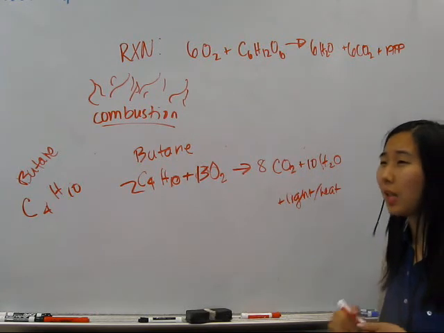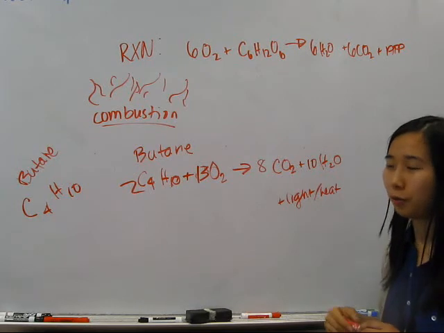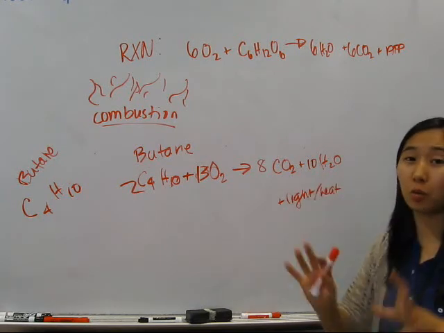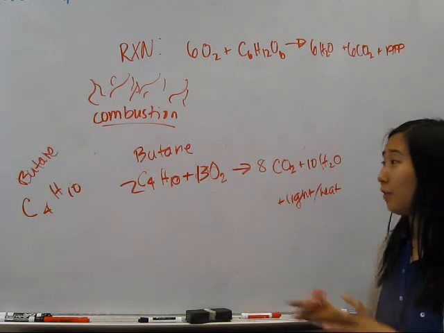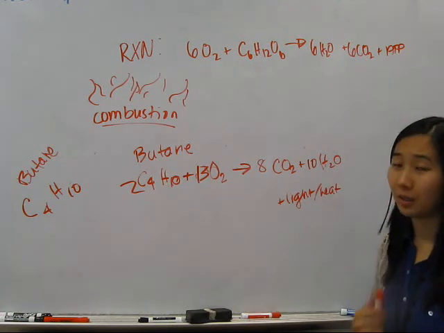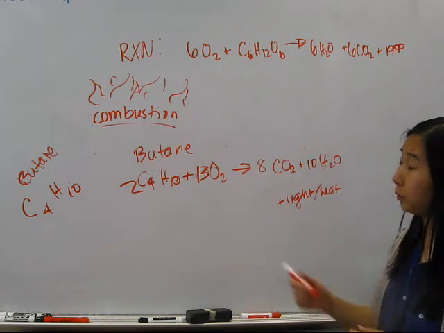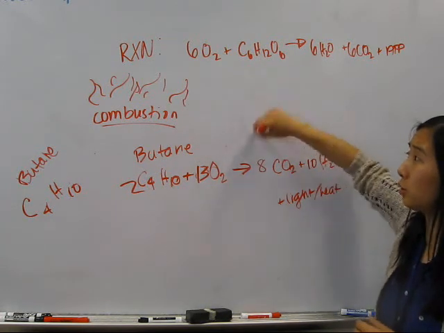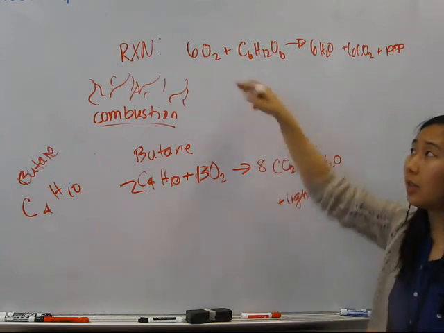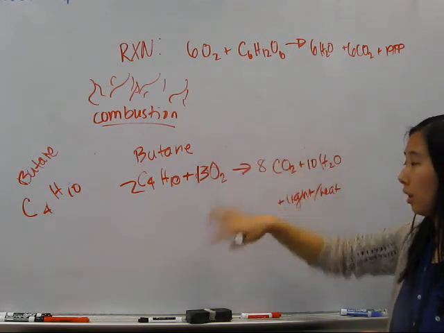It's almost like you are burning food inside your body in a controlled, step-by-step way. Obviously, if it were not controlled, we would all spontaneously combust, which might be very exciting, but also very painful. All right, so you should be able to compare and contrast cellular respiration and combustion.